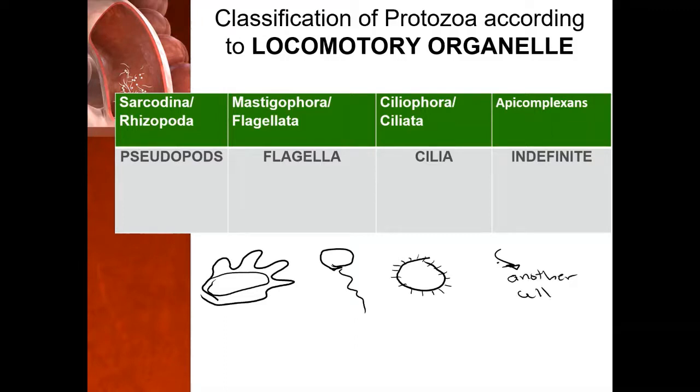So they don't have any locomotory organelle. Instead, they require another cell or a vector for them to travel or to move.